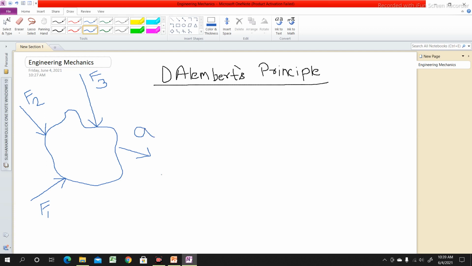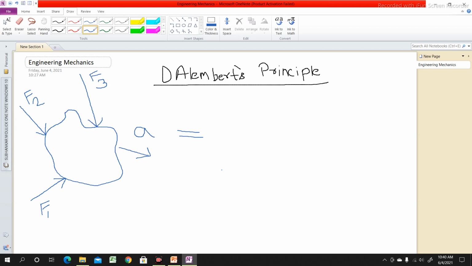Then according to D'Alembert's principle, this body can be made to remain static if you apply a force equal to m into a. m into a means mass into acceleration, that acts in the reverse direction to the direction of motion of the body.